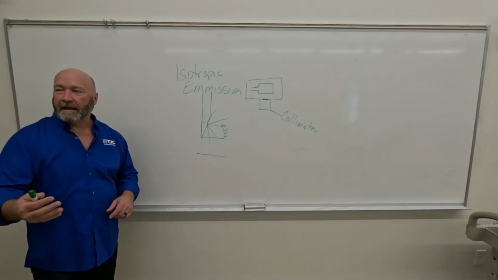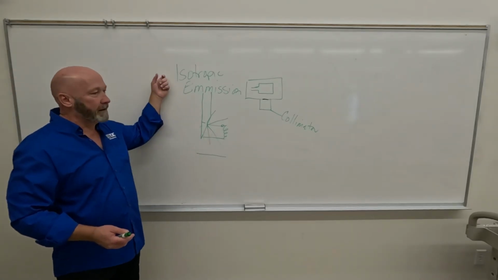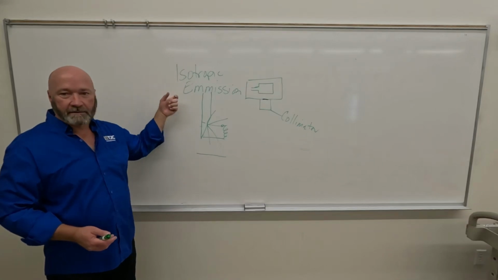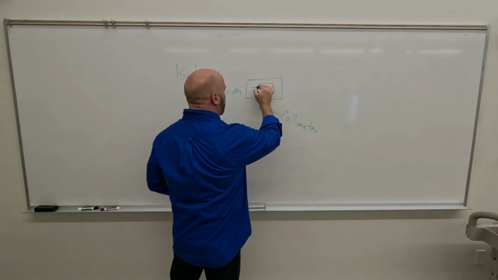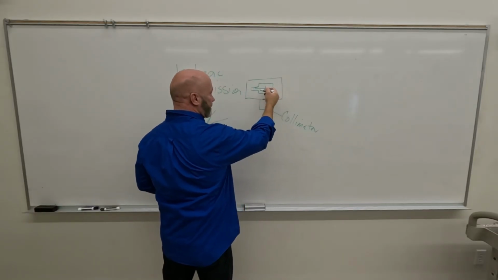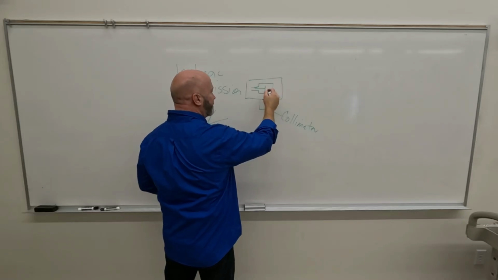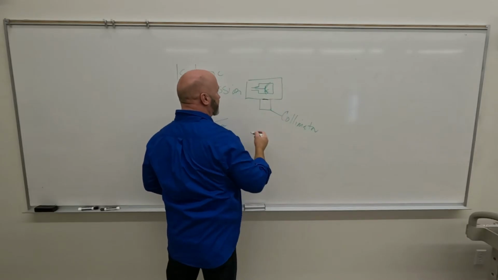No. So the anode itself not only creates the X-rays, but it eliminates some of those isotropic emissions. So if we've got our anode here, then it's going to block some of those X-rays from going back that way. They're still, though, going to go off in every other direction.